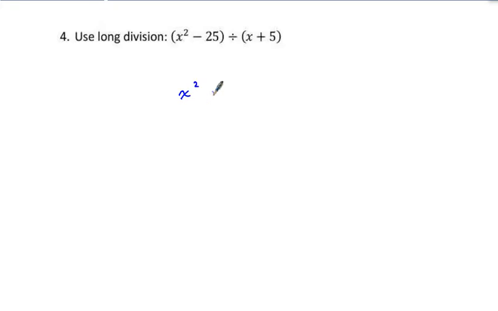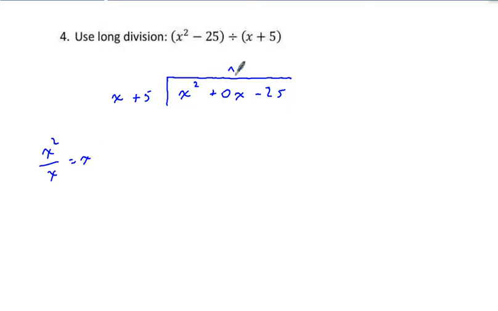x squared plus 0x minus 25 is divided by x plus 5. x squared divided by x is x, which will go in the linear column, x to the first power. Then we multiply x squared plus 5x.